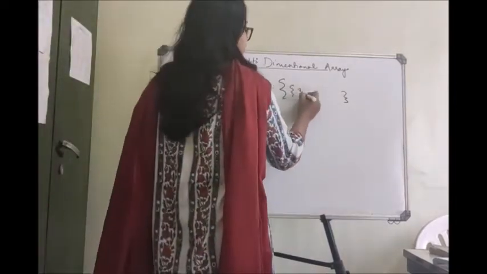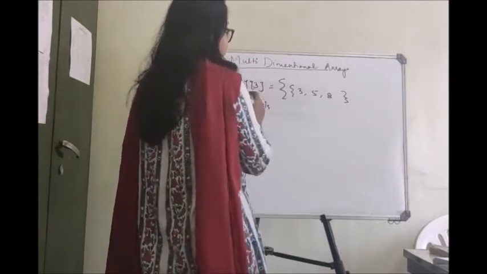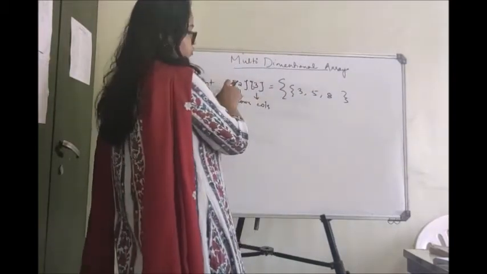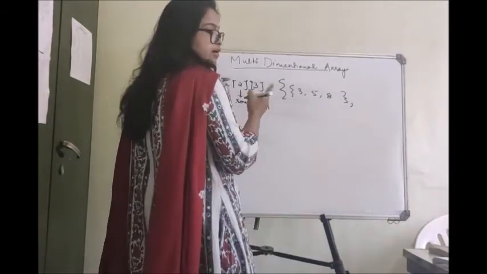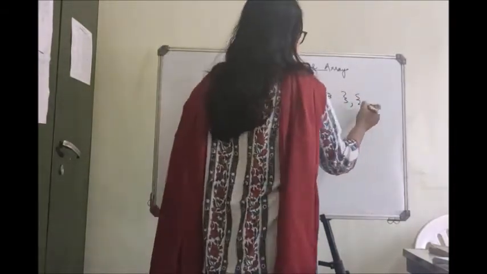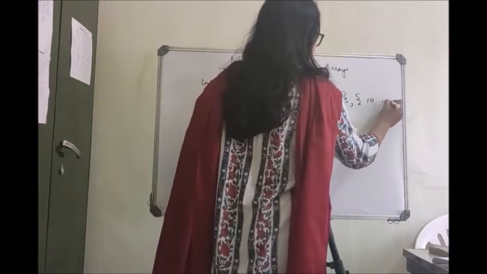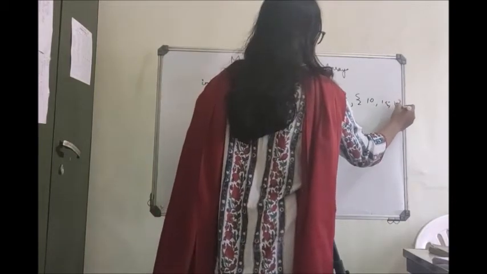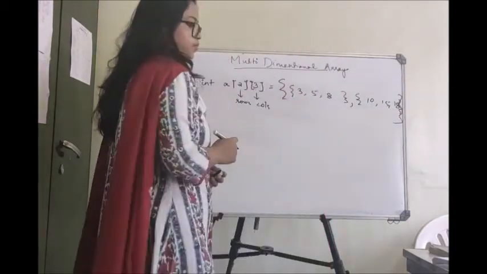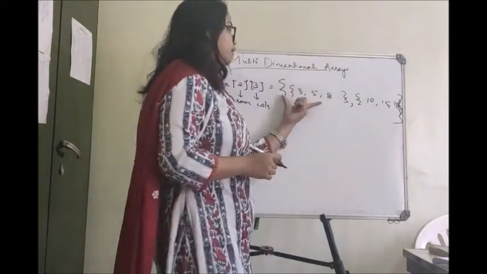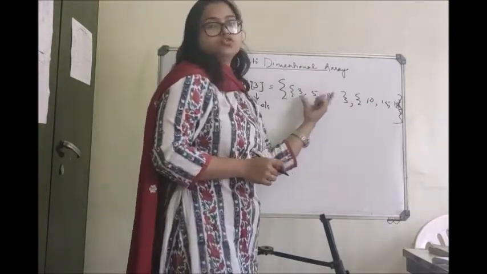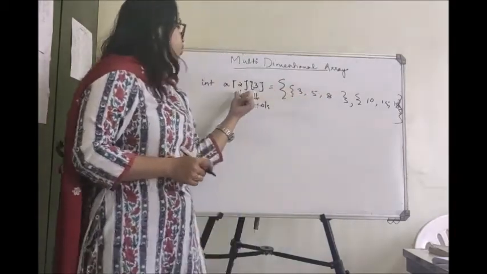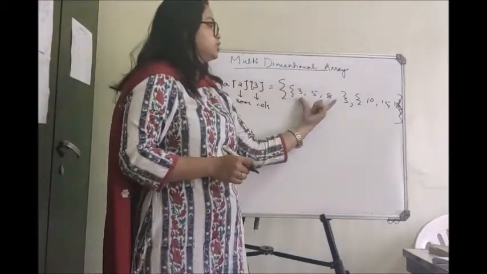So suppose 3, 5, 8 I gave. Now how many rows do I have to define? 2 rows. So the second row will be, rows are separated by a comma, then again I can say 10, 15, 18. I have to initialize each row. There are two rows, so I have to initialize both.